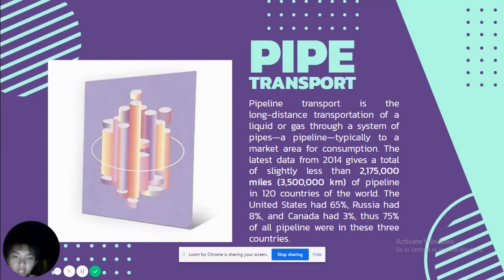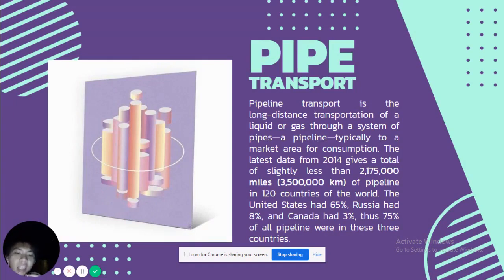For the definition, pipeline transport is the long-distance transportation of a liquid or gas through a system of pipes, also called a pipeline, typically to a market area for consumption. The latest data from 2014 gives a total of slightly less than 2,175,000 miles of pipeline in 122 countries in the world.